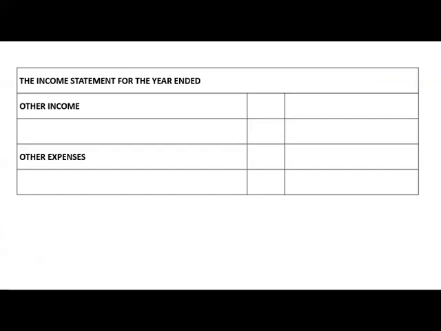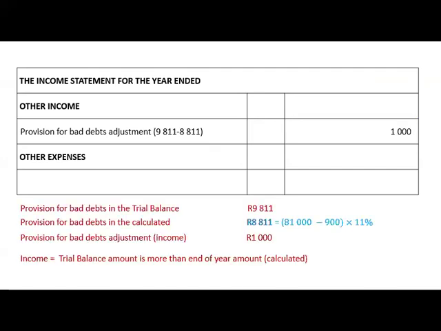In our income statement, provision for bad debts will be under other income, and bad debts will be under other expenses.